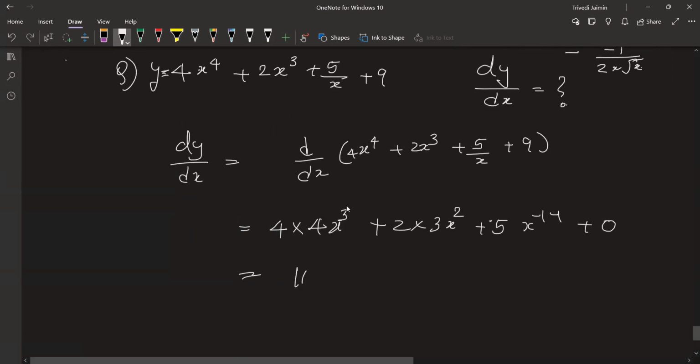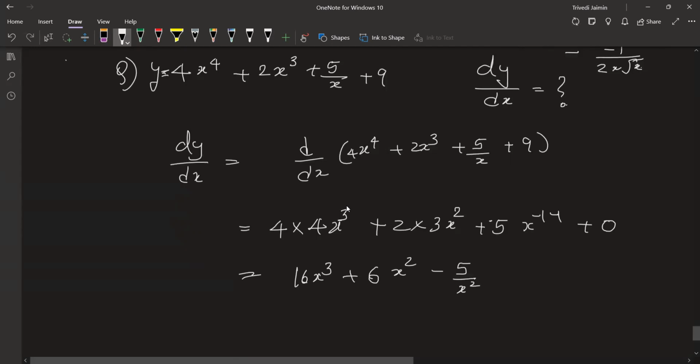Now this will be 16x cubed plus 6x squared plus minus 5 by x squared.